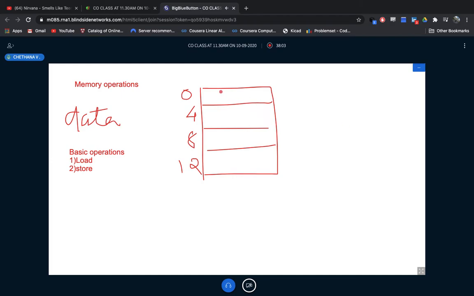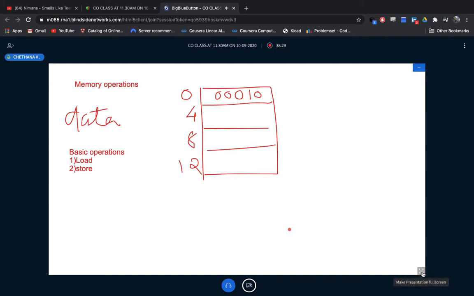Some data is already available. So I will load, or access, the data from the memory to wherever you want. Either you keep it in the registers, or you copy it to some other memory location. Load means just read the data.